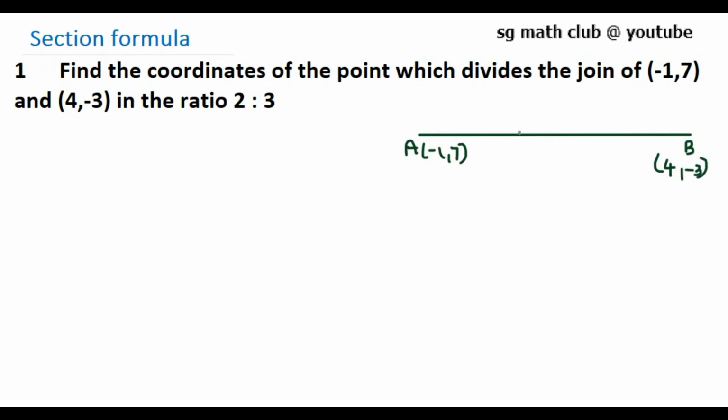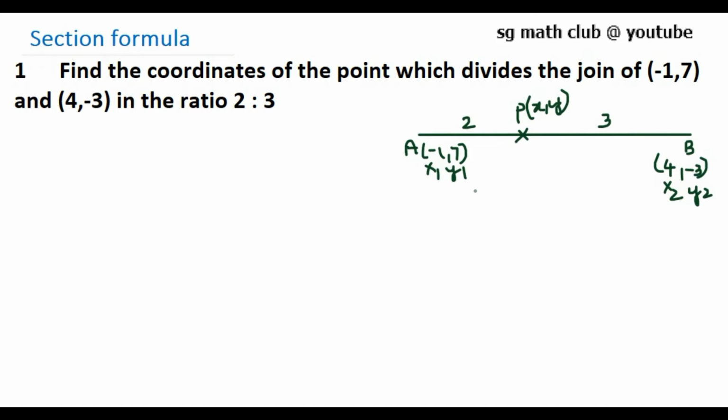P is lying somewhere here. We need to find the coordinates of P, x and y, and they have given that it is dividing in the ratio 2:3. So this will be x1, y1, this will be x2, y2, m1 is 2, m2 is 3.